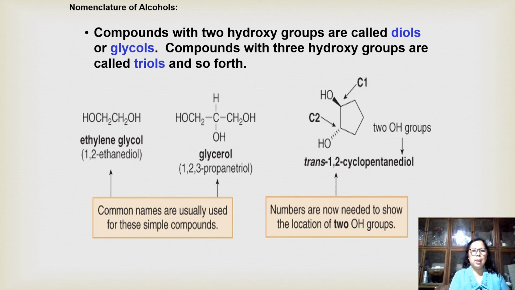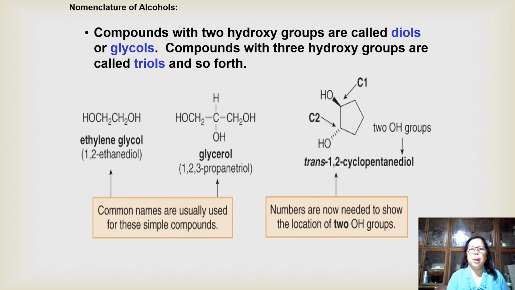And then in this case, it is glycerol. So there are 1, 2, 3 in the IUPAC name. There are 3 alcohols, so it is triol. There are 3 carbons, so propanetriol. And the OH are found in the 3 carbons, so you have 1, 2, 3.